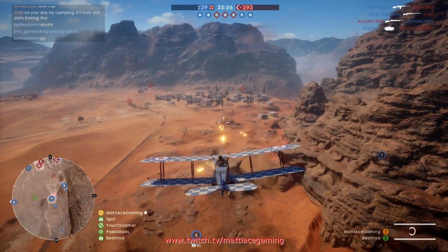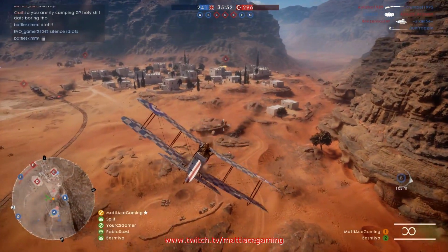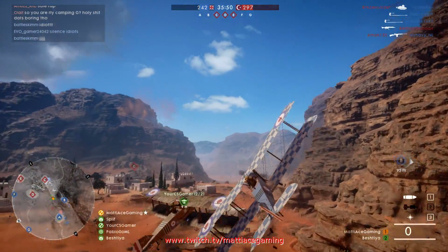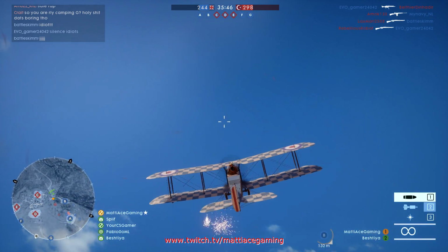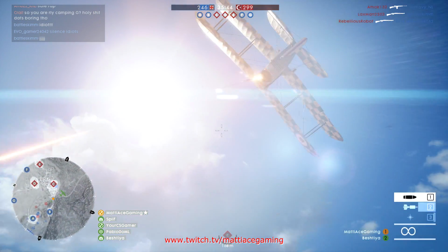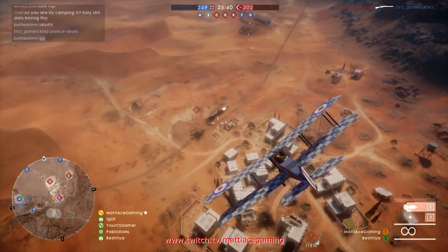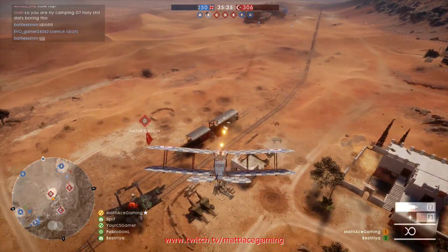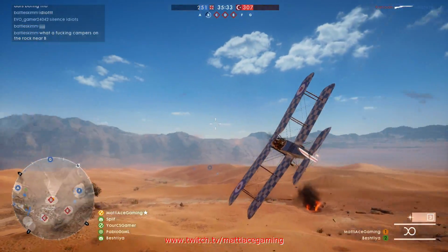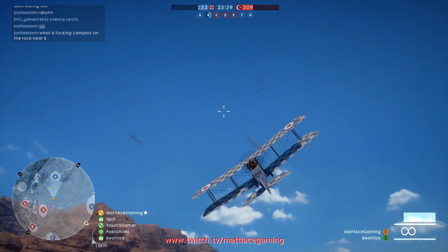Light tank spotted. Oh shit. We have F. That's unexpected.